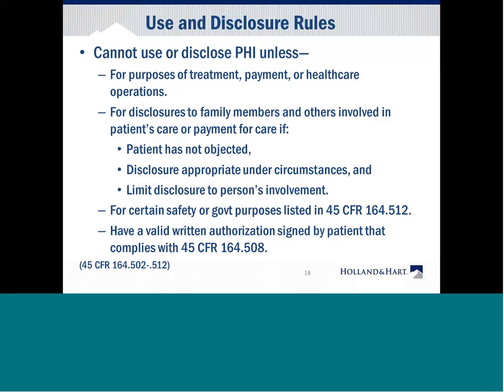Or you can make disclosures without the patient's authorization for certain public safety or government purposes that are listed in 45 CFR 164.512. For everything else, you generally have to have a valid written authorization signed by the patient or the personal representative, and that authorization has to comply with requirements in 45 CFR 164.508.